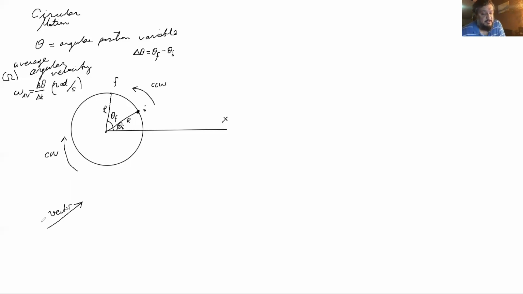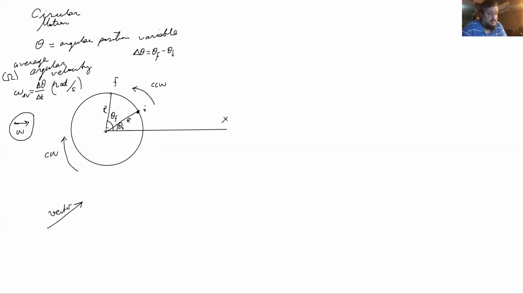So the direction of this omega vector, let's put an arrow on top of omega now, has to be along a third direction, not x, not y, but perpendicular to that plane. So we have to think in 3 dimensions right now.